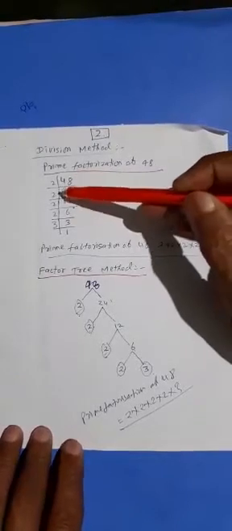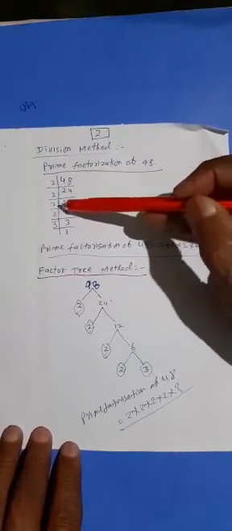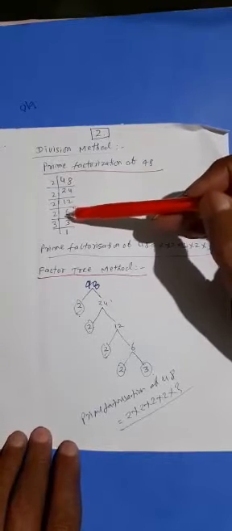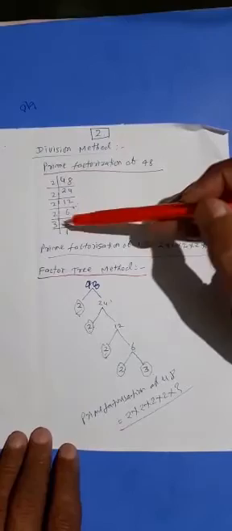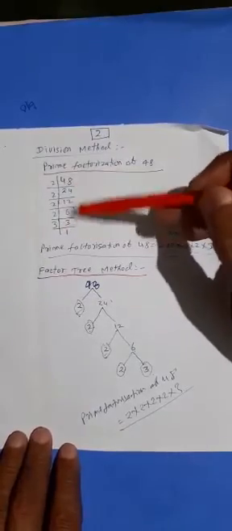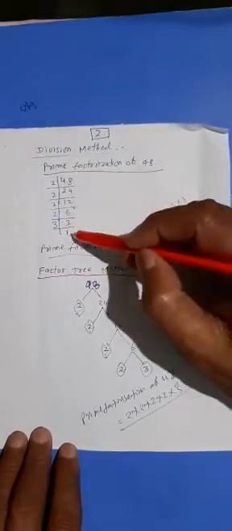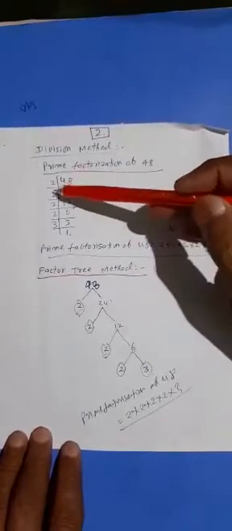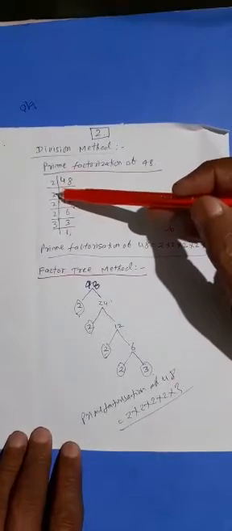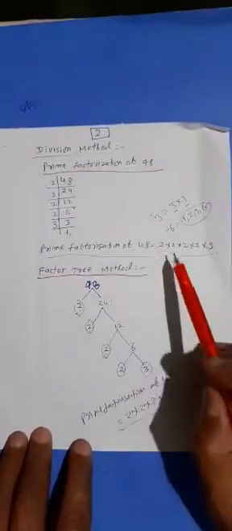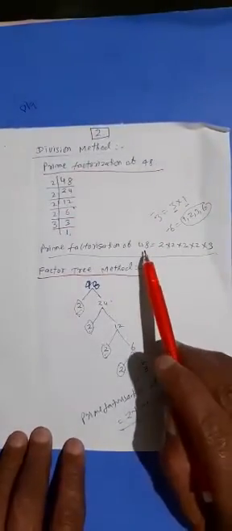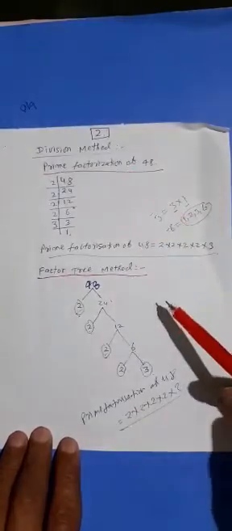Again 24 divided by 2 is 12. 12 divided by 2 is 6, and 6 divided by 2 is 3. 3 divided by 3 is 1. We shall continue this process till we get 1. Now 2 multiplied by 2 multiplied by 2 multiplied by 2 and multiplied by 3. I have written here, this is the prime factorization of 48.